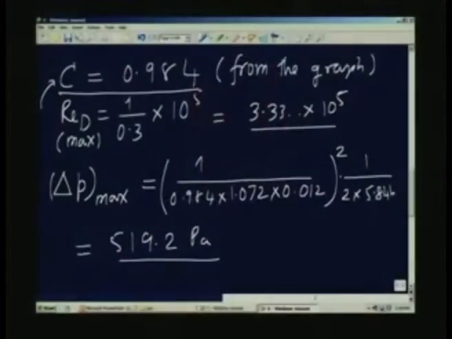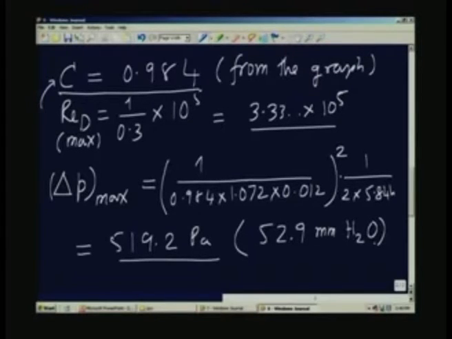Actually I can convert it to a more useful unit in terms of millimeters of water. All I have to do is to divide it by, assuming the water density is 1000, which is a good enough approximation for this problem, you simply divide this by g, which is 9.81. So this can be converted into millimeters of water. It will be 52.9 millimeters of water.